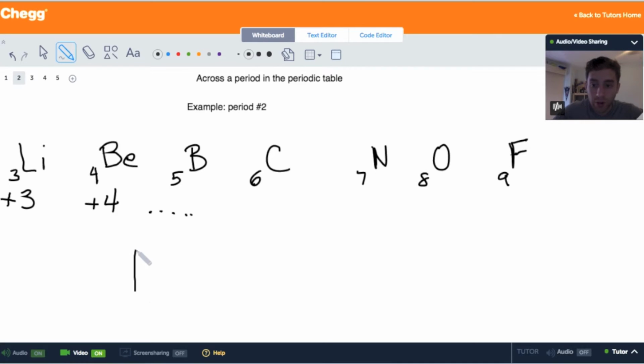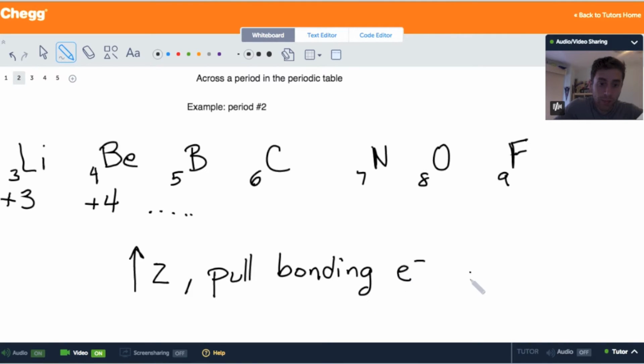So as you increase Z, which is the number of protons found in the nucleus, you pull bonding electrons inwards, because the valence electrons are the electrons involved in bonding, and if you're increasing the positive charge within the nucleus, you have more of a tendency to pull them inwards, because positive charge attracts negative charge.